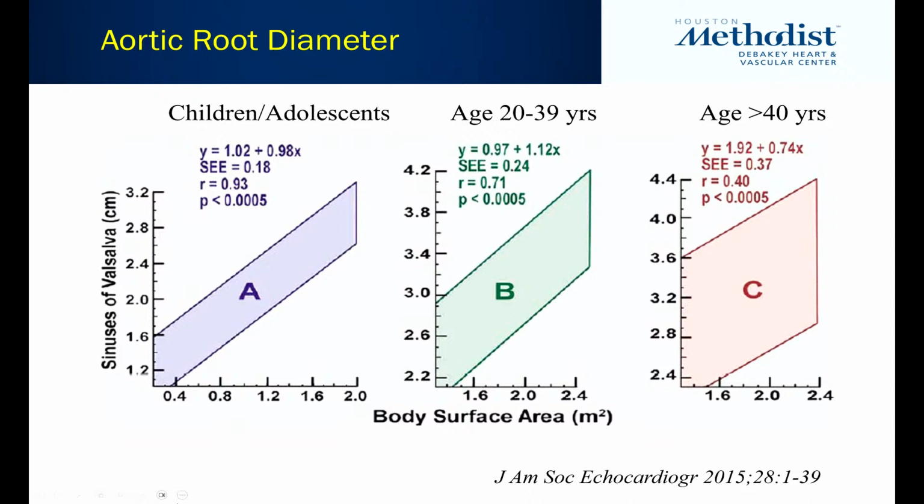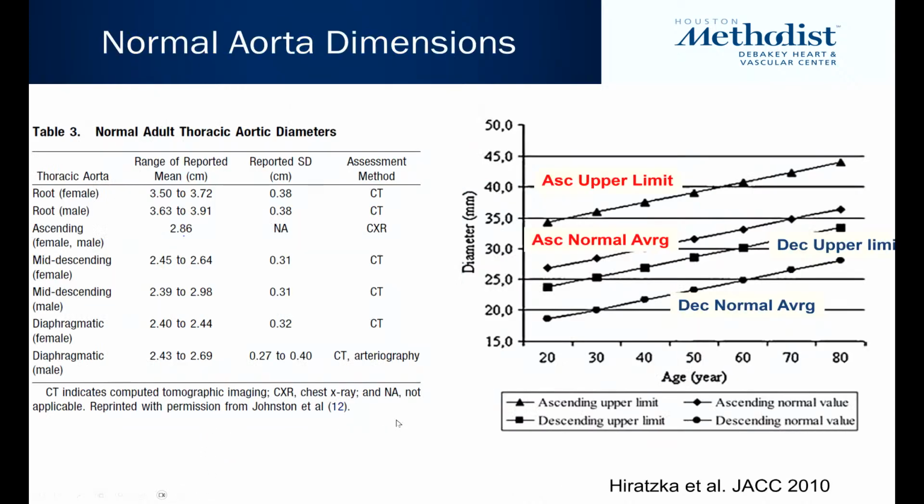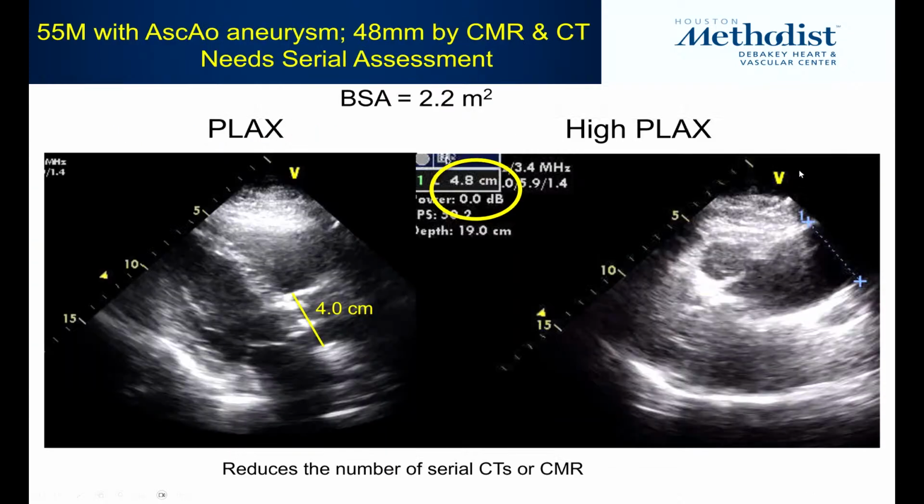But then also, for each age, it changes with the size of the person. And therefore, a person that has a body surface area of, let's say, 2.3, 2.4, could easily have an ascending aorta of 4.1, 4.2. So it's very important to continue to look at sizing when we are looking at the aorta.